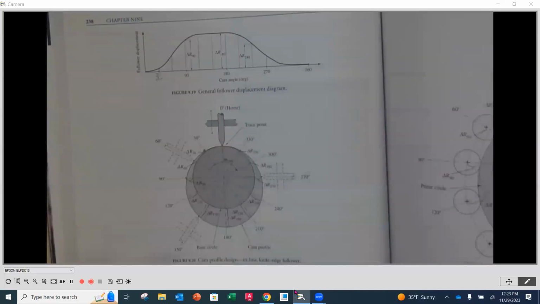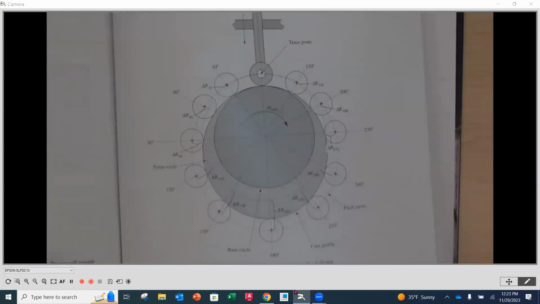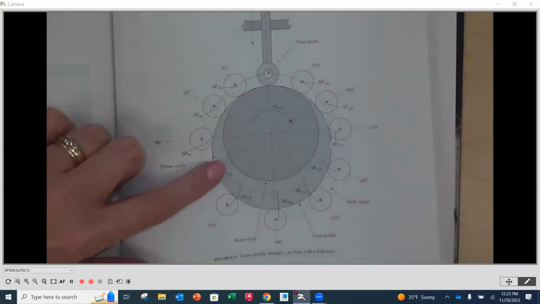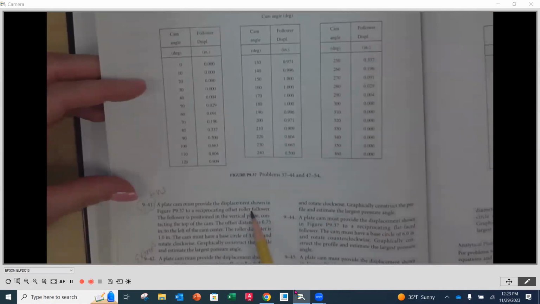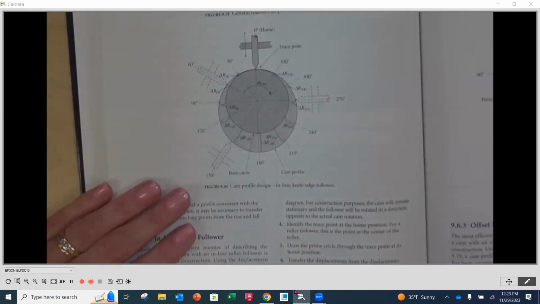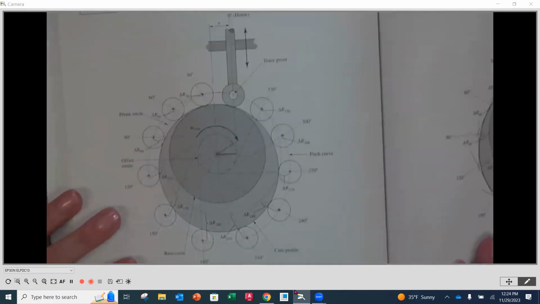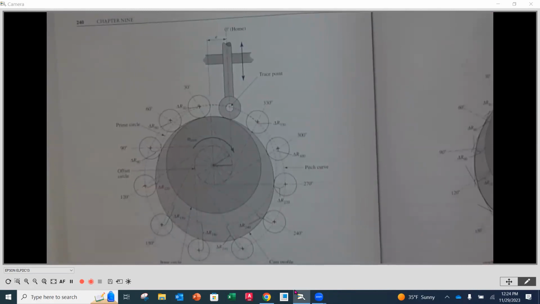So it is going to be like this one. The second one that you're going to do for me is going to be an offset roller. So that's like this one that we're looking at here. An offset roller right here. So this one you're going to want to pay close attention to.